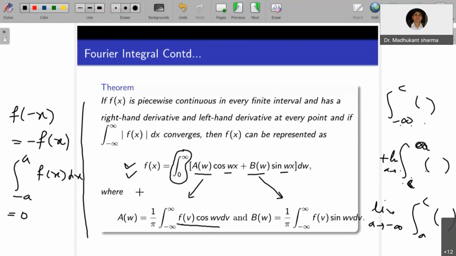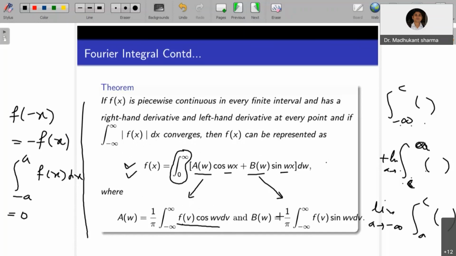Okay, similarly, provided certain conditions are satisfied, so f is piecewise continuous and has a right hand derivative and left hand derivative, and it is absolutely convergent. This is required for the Fourier integral representation. Then further, if f is odd, this a of w value becomes 0.